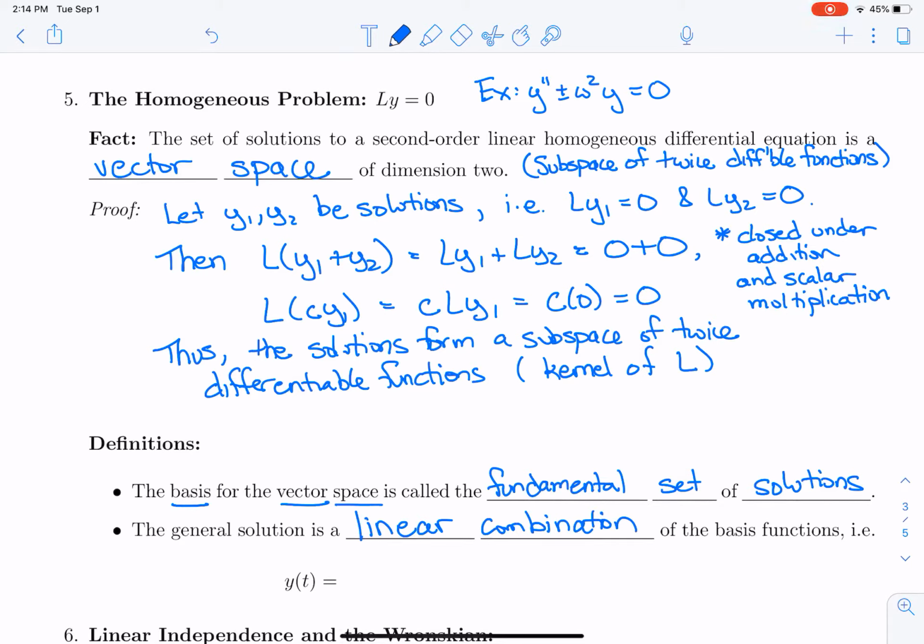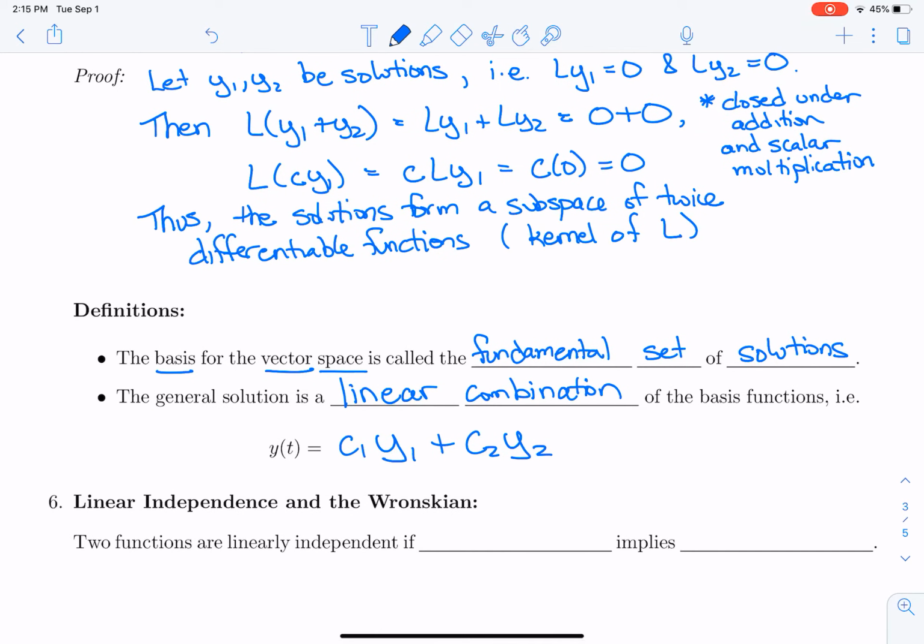So in other words, it's a linear combination of y1 and y2. And we saw before with our previous problem, we had an example, y double prime plus omega squared y is equal to 0.